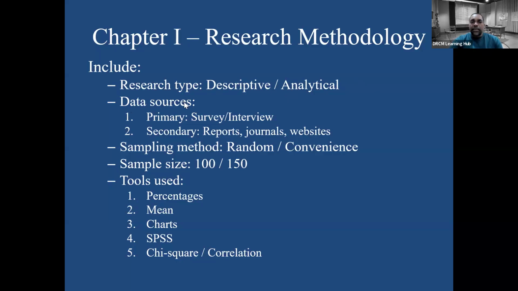Done. Data sources which you used. Like this, you have to keep data sources: primary. Primary, how you conducted, either survey or interviewing. Primary is nothing but you collect the data personally. How you collected, that you mention here: survey with questionnaire, interview with a questionnaire.